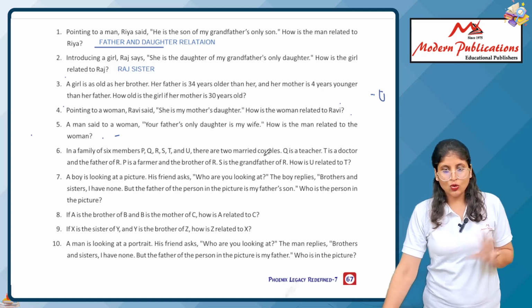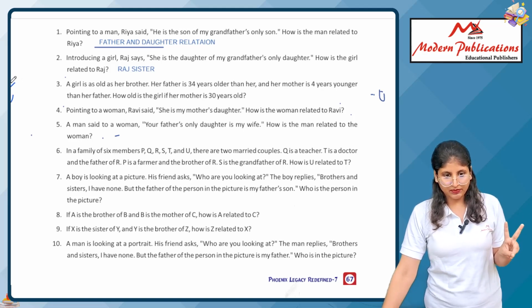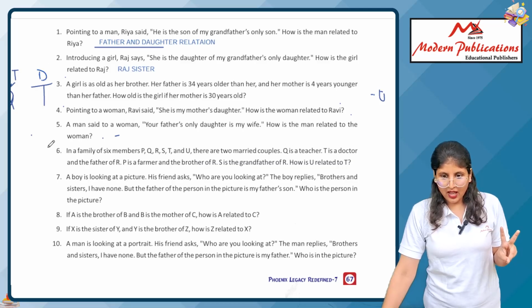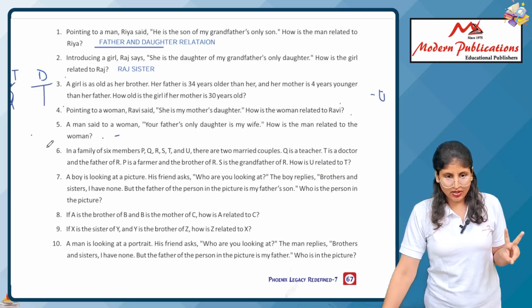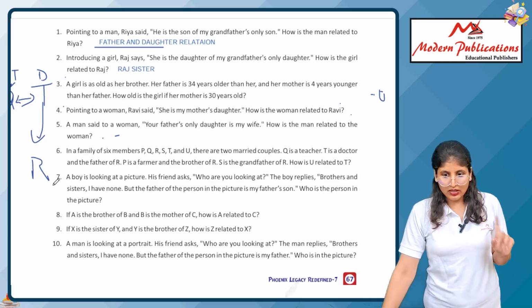P, Q, R, S, 2 married couples. Q is a teacher, and T is a doctor. T is a doctor and the father of R. Maybe Q and T are husband and wife.